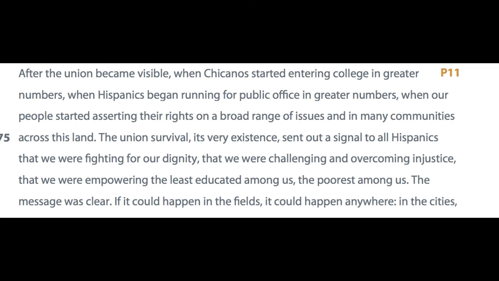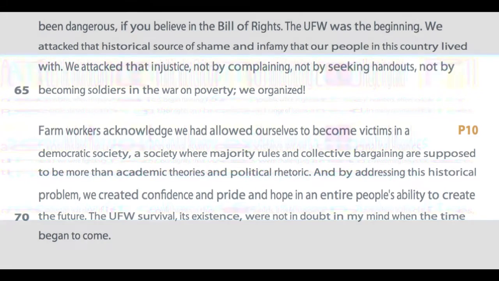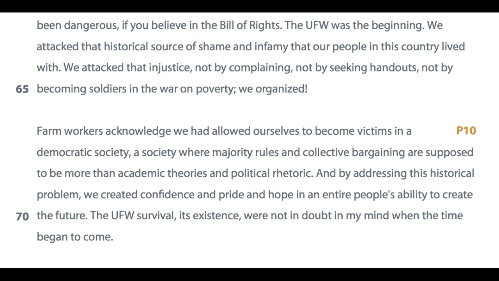By refusing to continue being victims, Chavez asserted that the farm workers, quote, "created confidence and pride and hope in an entire people's ability to create the future." I'm citing lines 65 to 66 and 68 to 70.